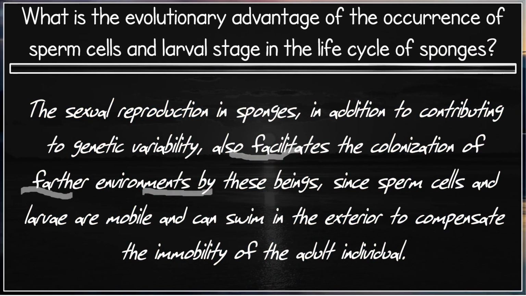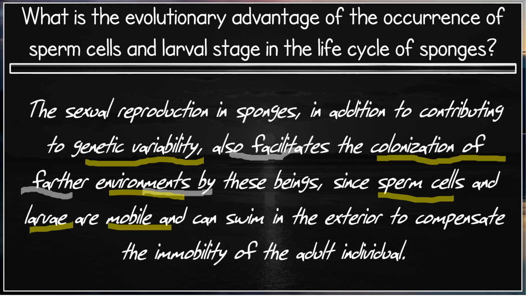Sexual reproduction in sponges, in addition to contributing to genetic variability, also facilitates the colonization of further environments by these beings, since sperm cells and the larva are mobile and can swim in the exterior to compensate for the immobility of the adult individual.